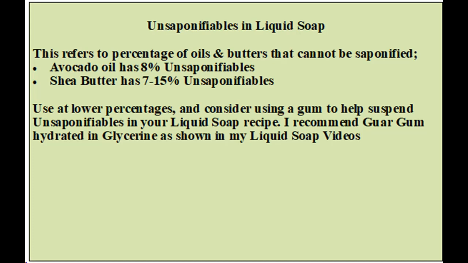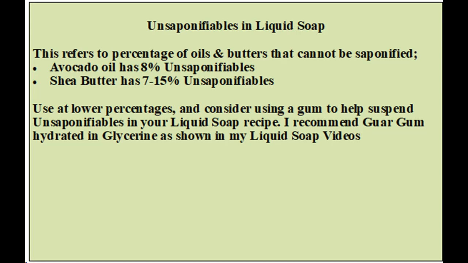Right, so another thing we have to consider when making liquid soap: I haven't used many different oils or other types of butters that have unsaponifiables, so I'm only referring to the two I know about and have actually researched.